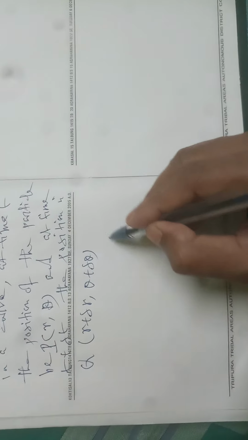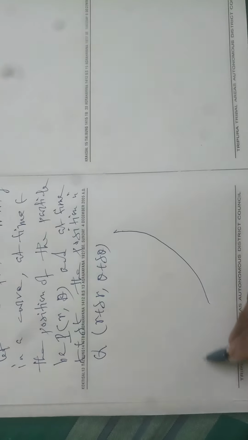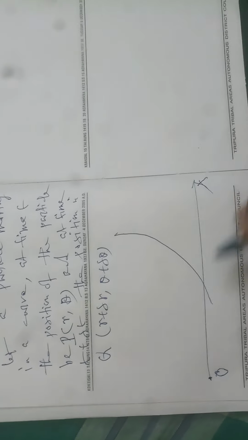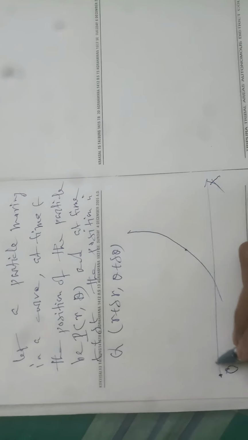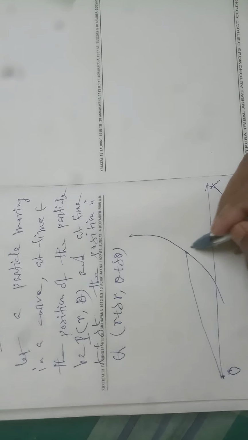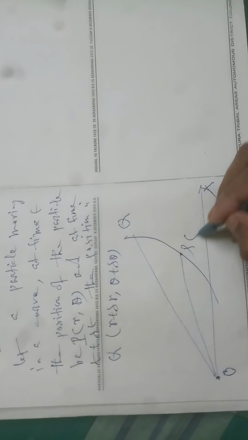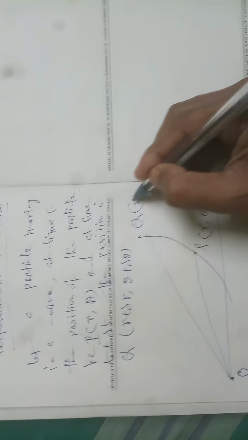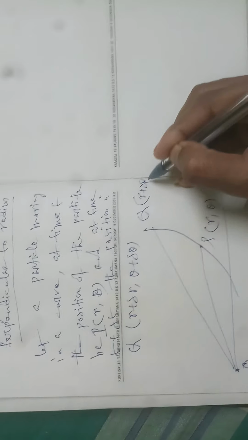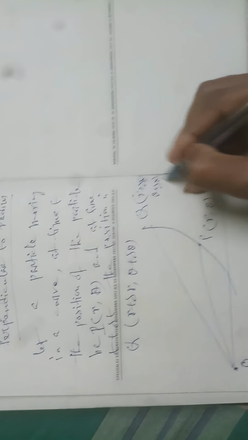So let us draw the curve. So this is the curve, this is the initial line Ox, and P is the first position of the particle, and Q is the second position of the particle. The time distance is very small. The polar coordinates of P are r, theta, and of Q are r plus delta r and theta plus delta theta.